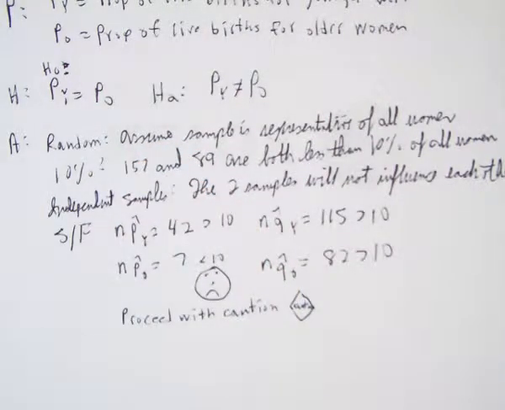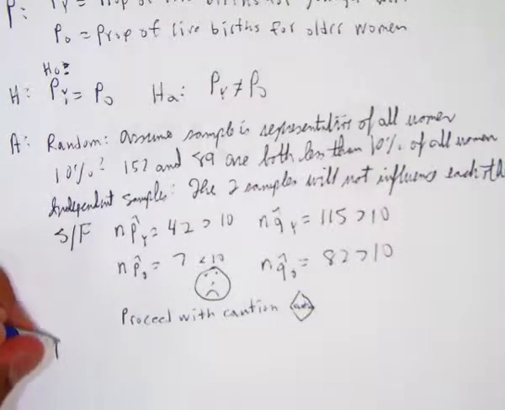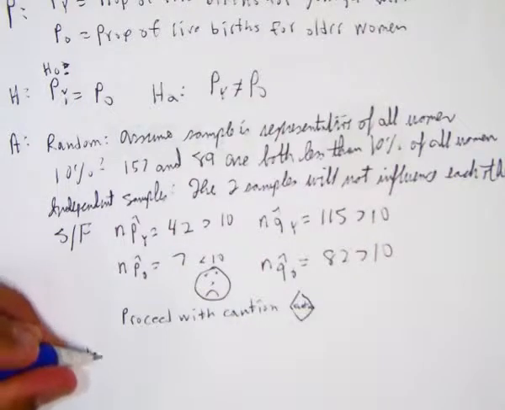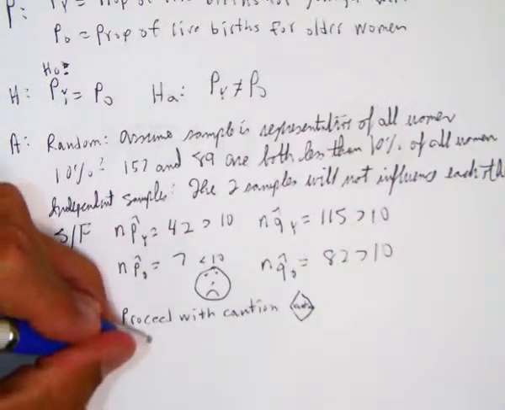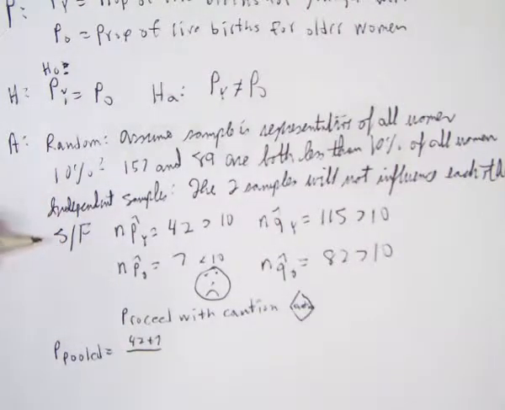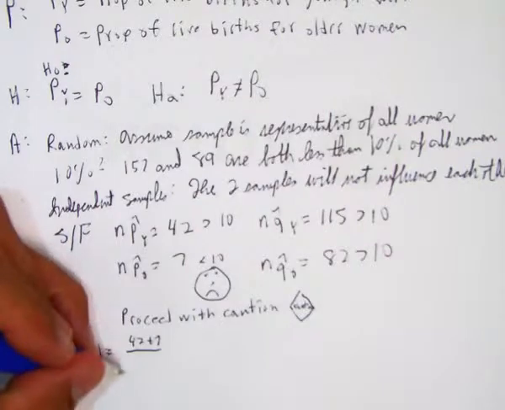You know, there is another way to test it using p pooled. So if we find p pooled, p pooled would be 42 plus 7 divided by 157 plus 89.